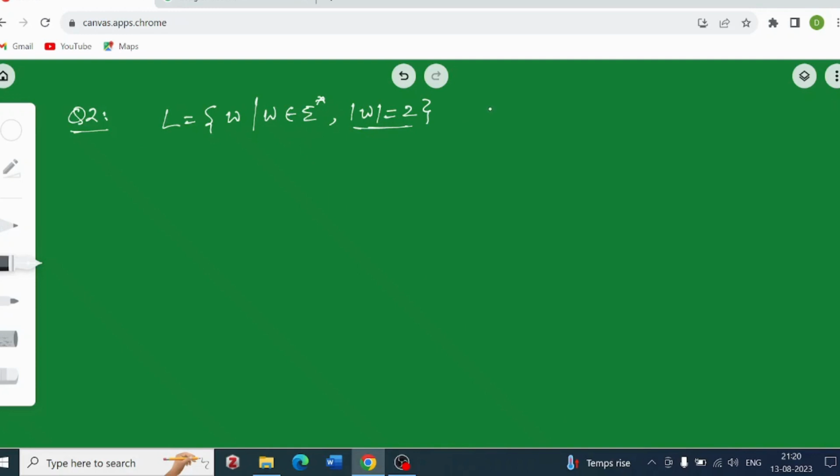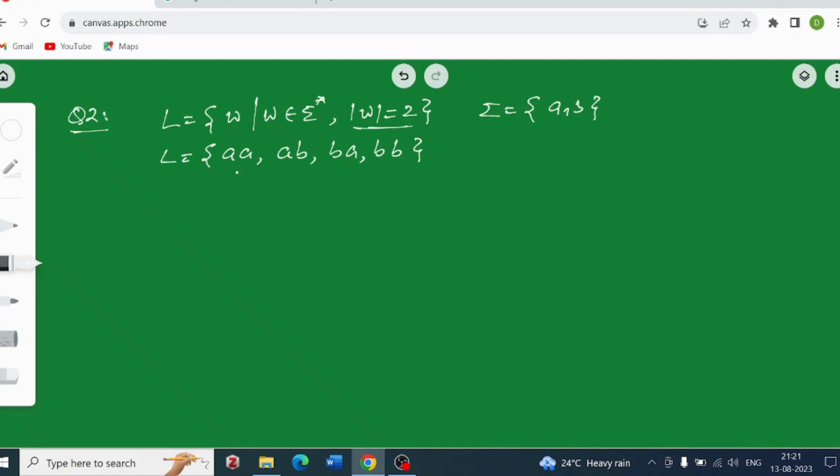So, as it was in the previous case, if the input alphabet sigma is A comma B, then the language will have the strings of length 2 as AA, AB, the next string would be BA, and finally BB.